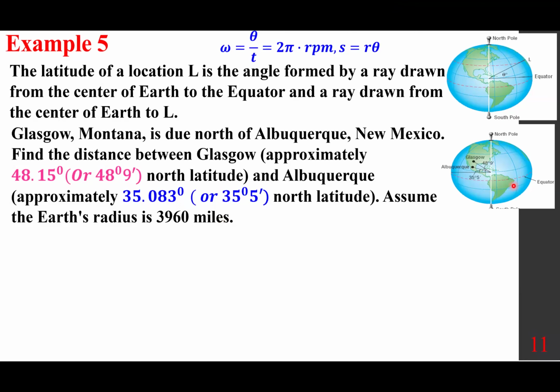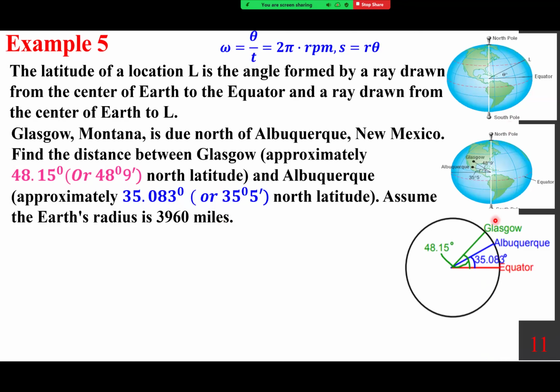So first, to have an understanding of what we have here, this is a bigger picture so you have an idea. These are the north latitudes that they give us, 48.15 degrees versus 35.083 degrees, and we want this distance.